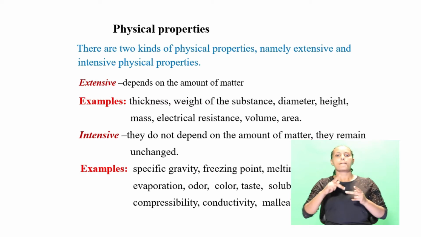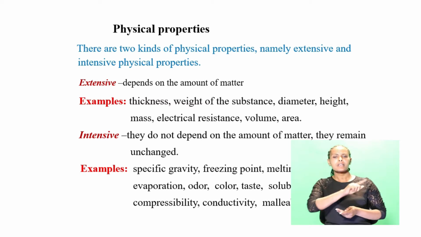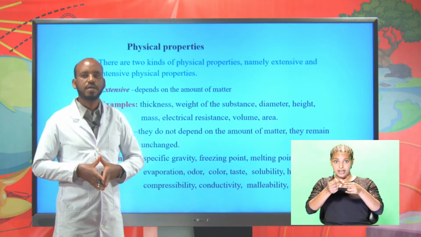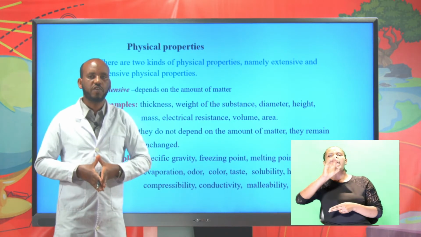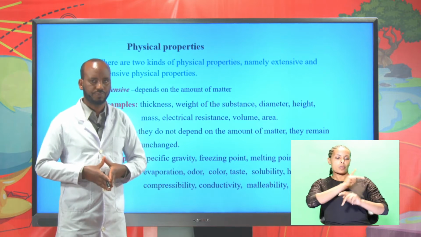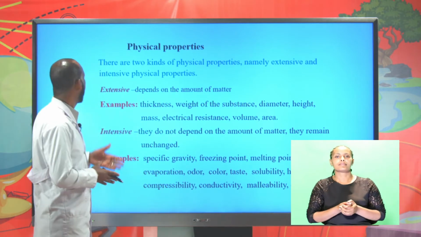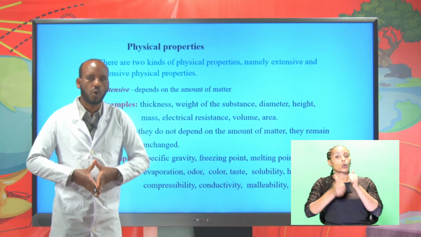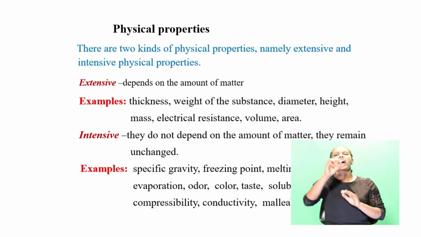Physical properties. There are two kinds of physical properties, namely intensive and extensive physical properties of a substance. Extensive properties are those properties which depend on amount of matter.